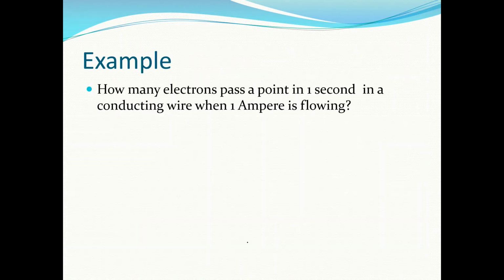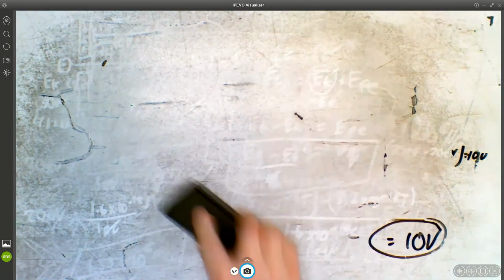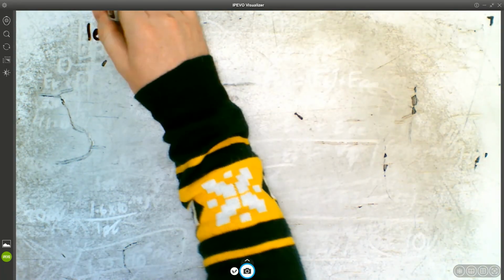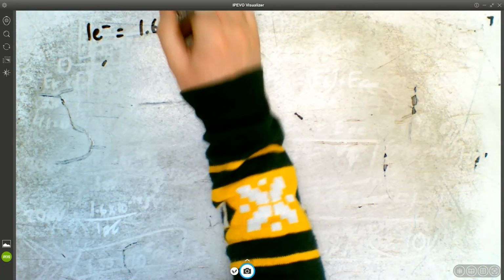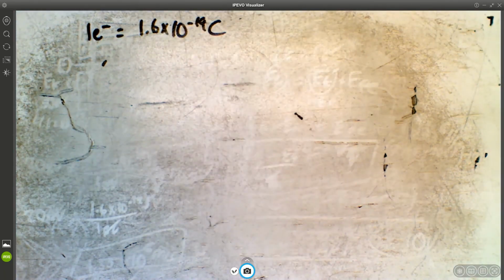So how many electrons pass a point in 1 second in a conducting wire when 1 ampere is flowing? So these are the types of current questions that you can have. So what you need to know to do these questions is you know that 1 electron has a charge of 1.6 times 10 to the negative 19 coulombs.